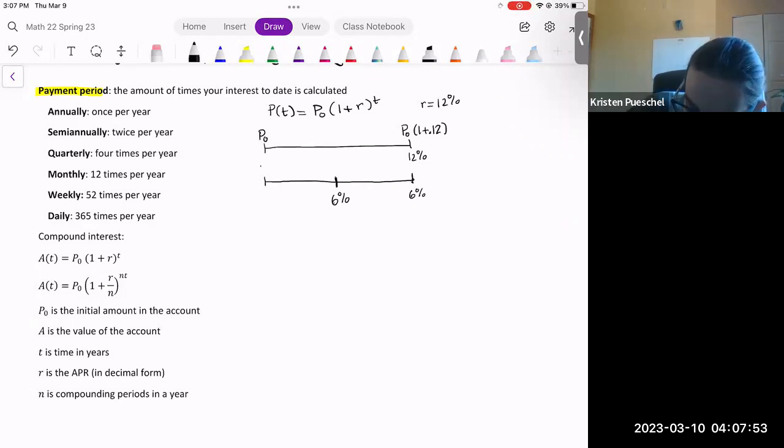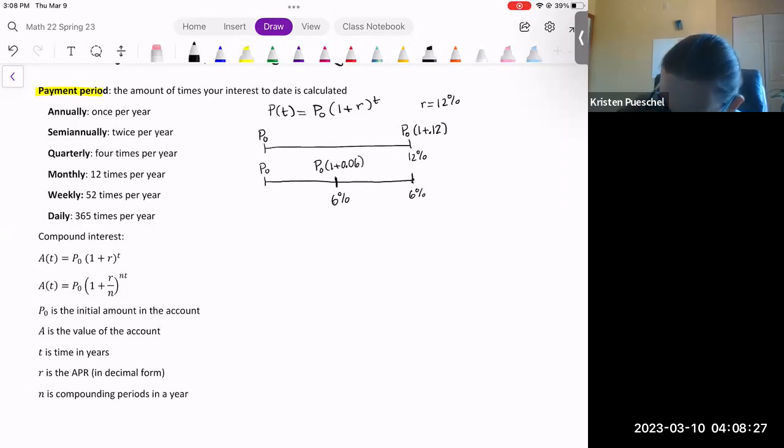So if we take a look at how this would grow, what this would look like is we would start out with the same initial amount, P naught. At the 6-month mark, we would have P naught times 1 plus 0.06. And then this amount would be our new initial amount, and we would make 6% growth off of that amount.